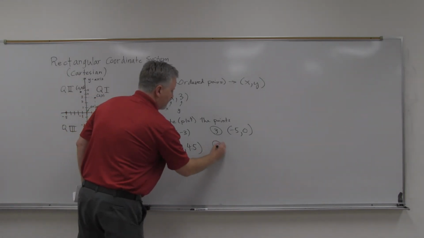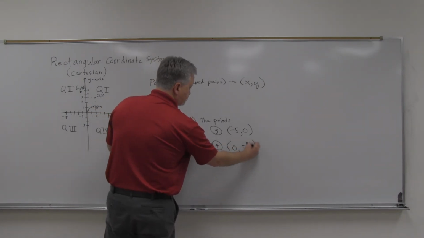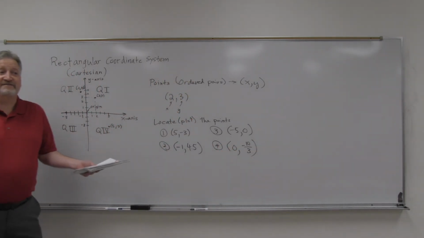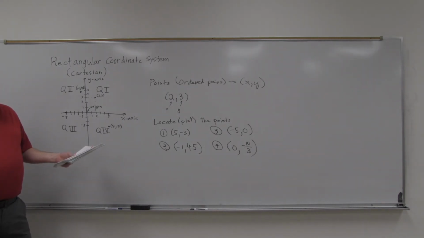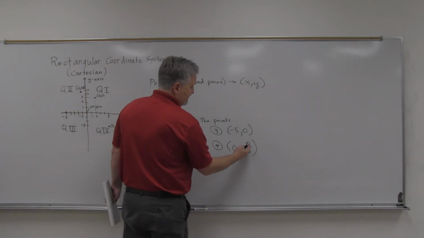For one on the y-axis, yeah, and you can have fractions. So if I plot 0, negative 10/3, probably you might want to change that to decimal, right? To see where that would be located.